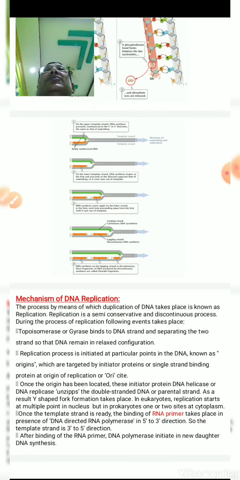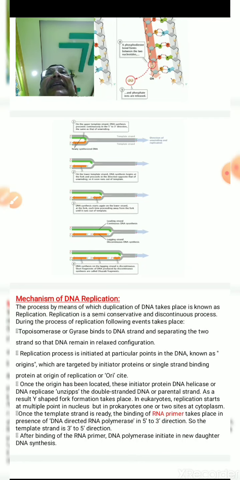In my next diagram, the second diagram, on the lower template strand, the DNA synthesis begins at the fork and proceeds in the direction opposite that of the unwinding. So naturally the upper one is known as the leading strand and the lower one is the lagging strand.